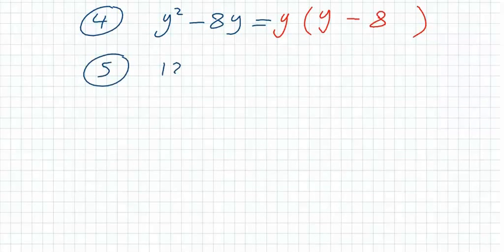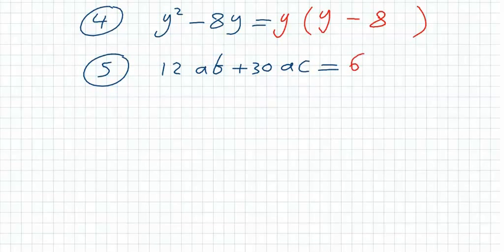12ab plus 30ac. 12 and 30, the common factor for them is 6. a is a common factor in both terms, but we can't take b or c.